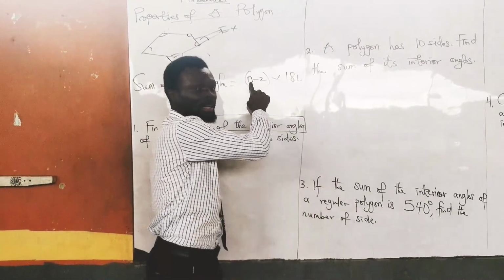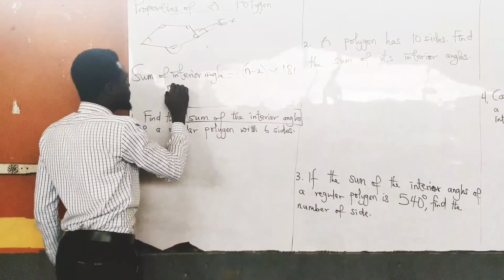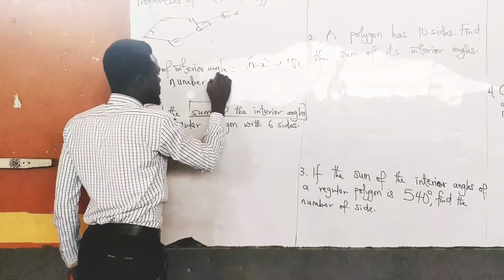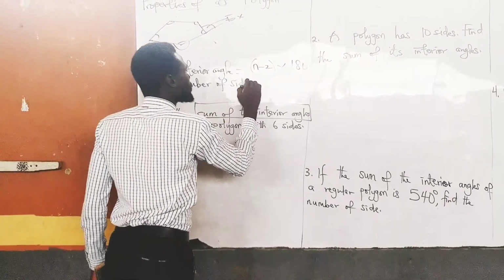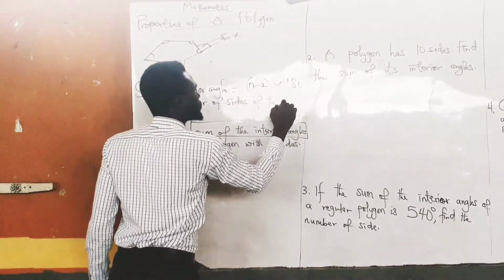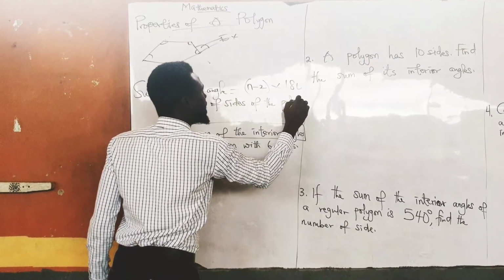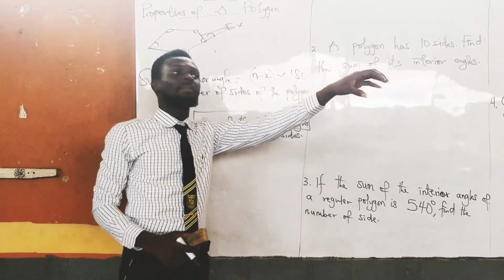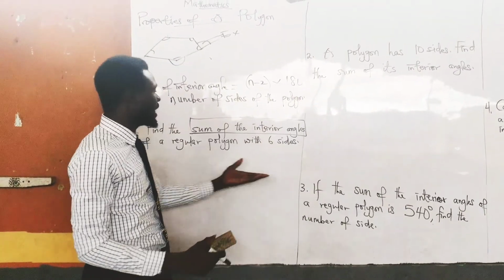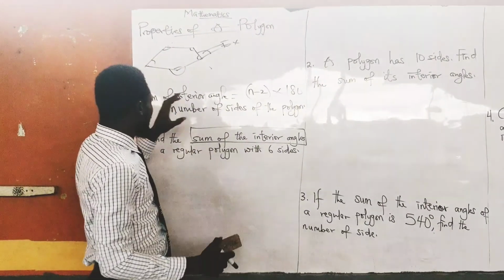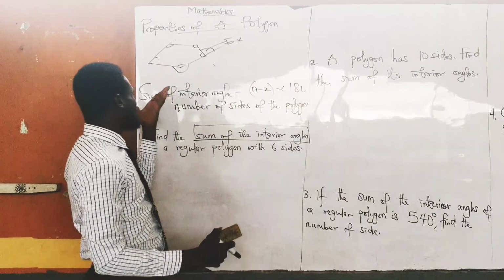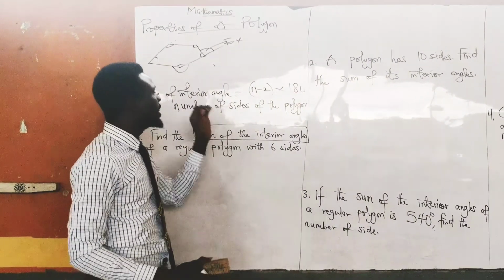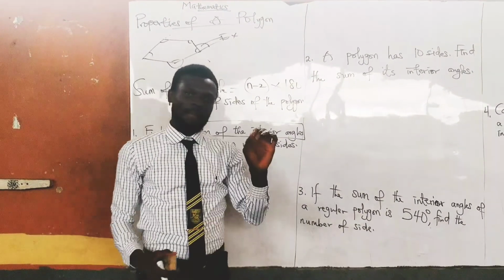What is n? n is the number of sides of the polygon. So if the question gives you 6 sides, then n is 6.